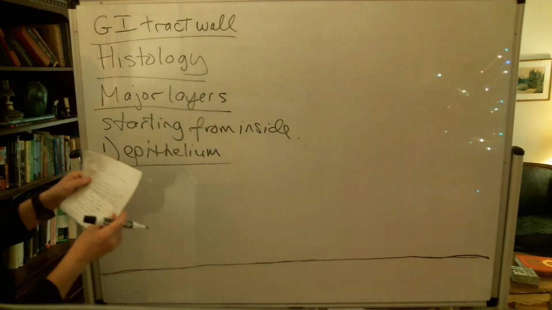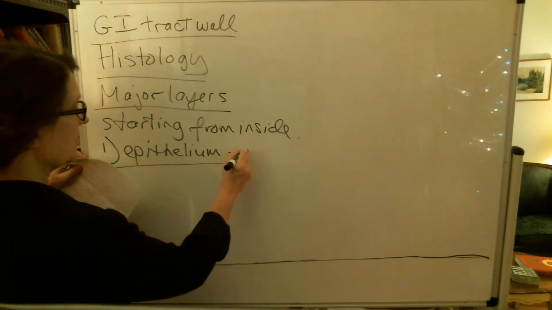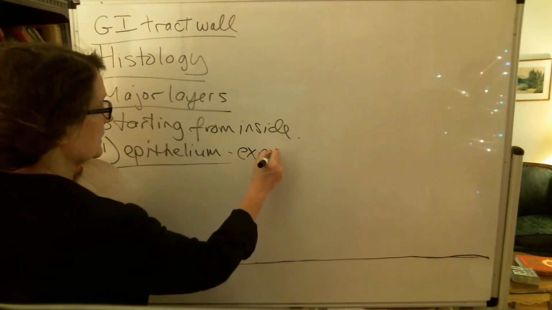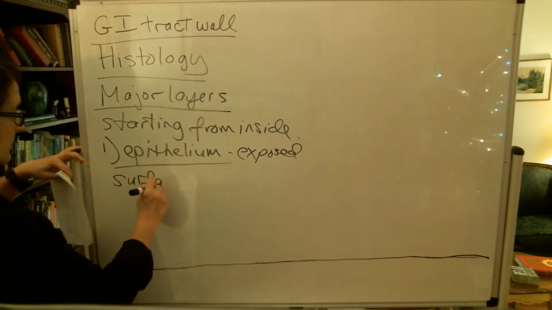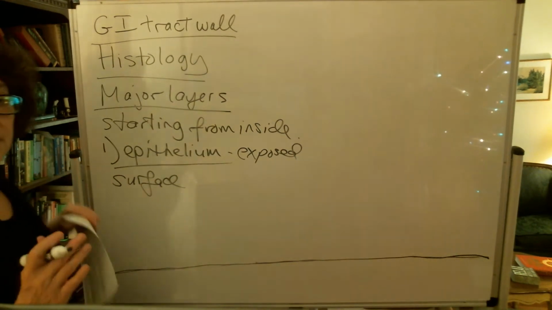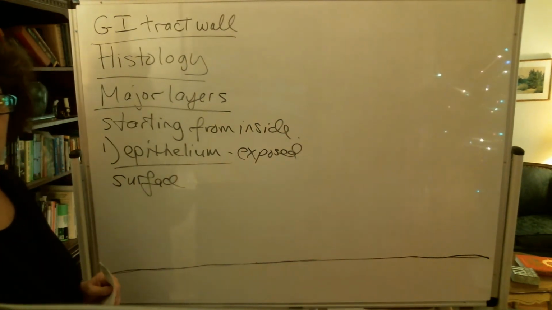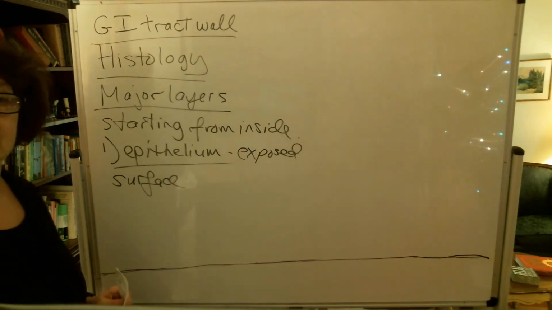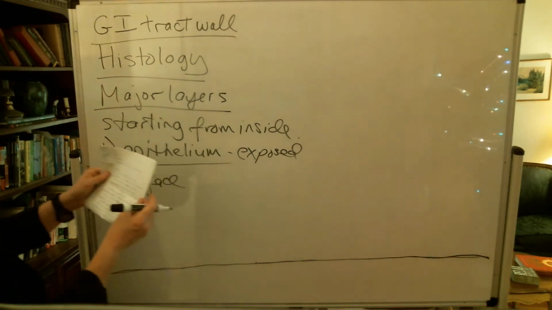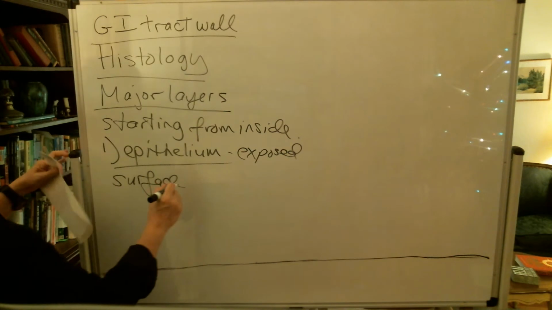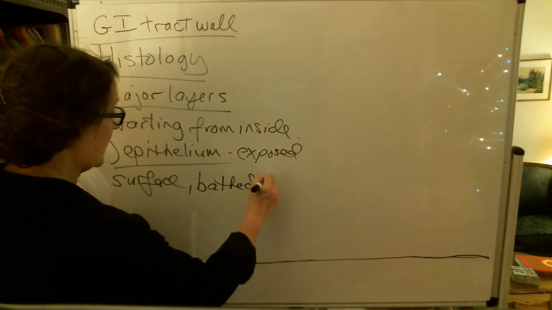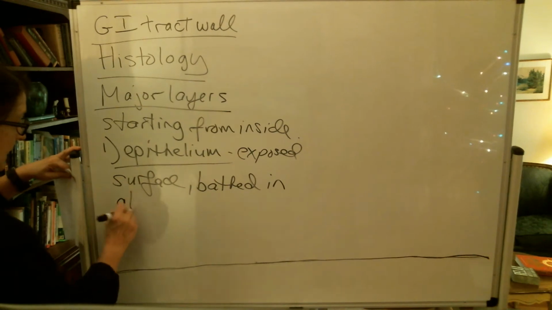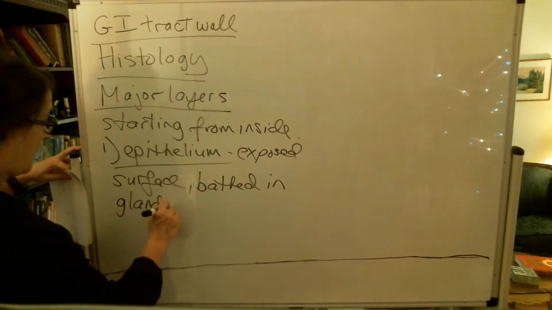So here we have epithelium then. This then has an exposed surface. That is to say, it is exposed to the food on the inside of the tube, also the acids, the bases, the enzymes, and so on. So it has an exposed surface which is bathed, as I just said, in glandular secretions.